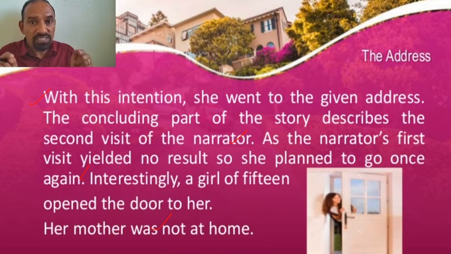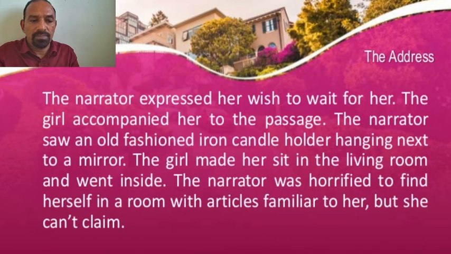When she visited the second time there, Mrs. Dawling was not there. Her daughter, a 15-year-old girl, welcomed the narrator to the house. The narrator expressed her wish to wait for her. The girl accompanied her to the passage.